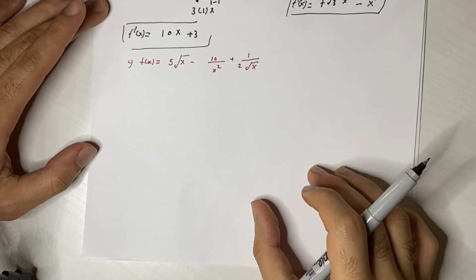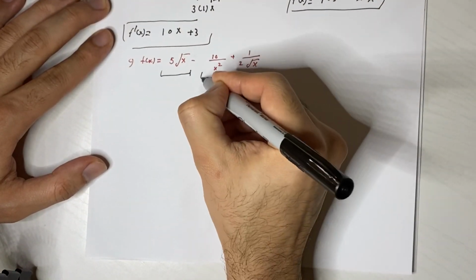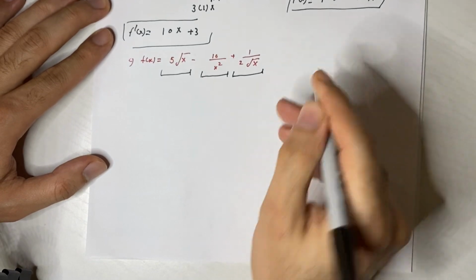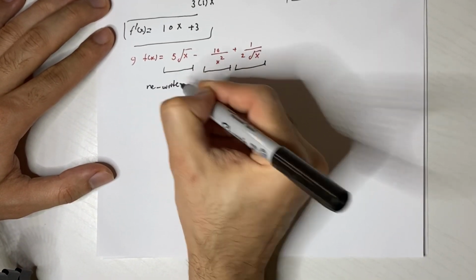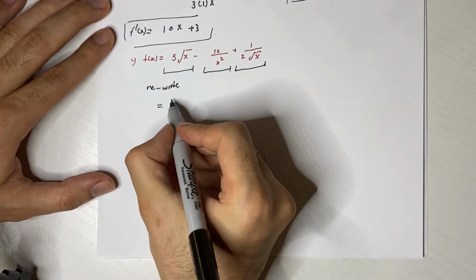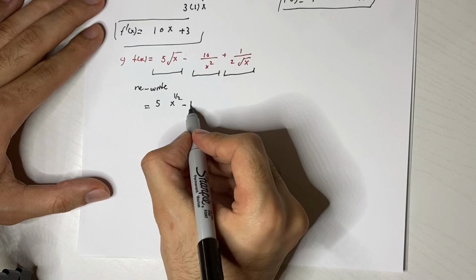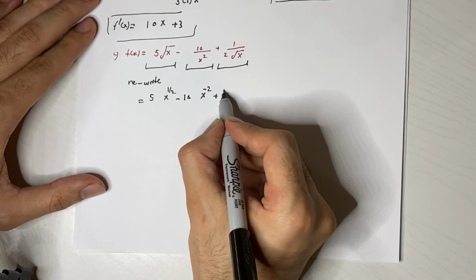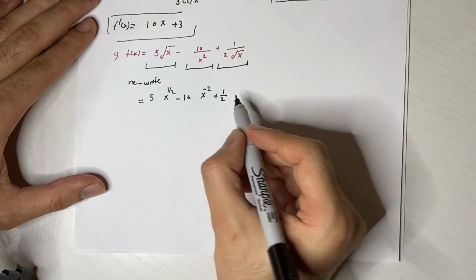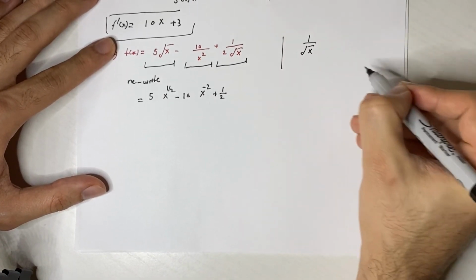Here, C, again, we will apply the second rule and then the power rule. So we can rewrite this into 5x to the 1/2, and then 10 multiplied by x to the -2, and then a half multiplied by x to the minus 1 over y.